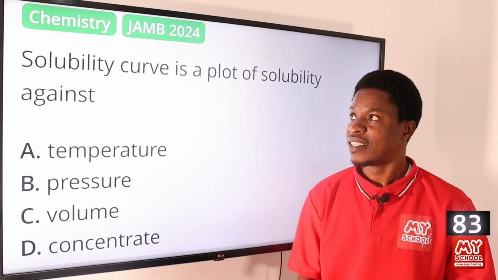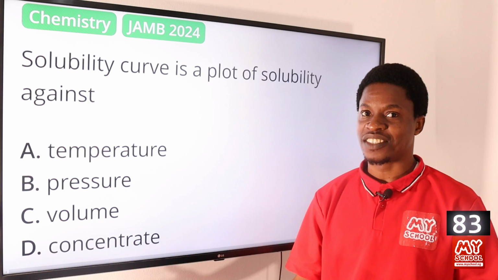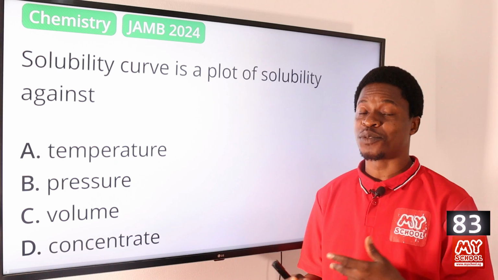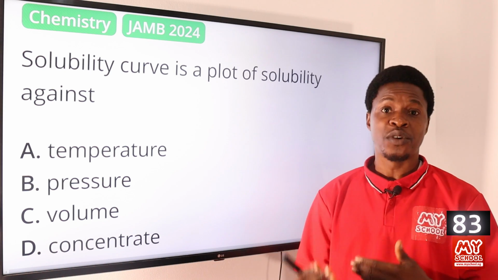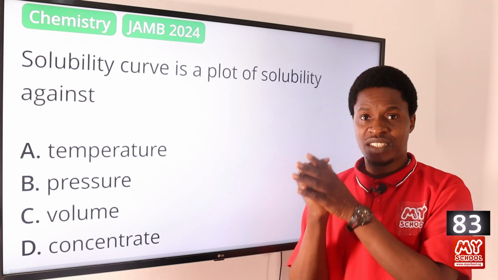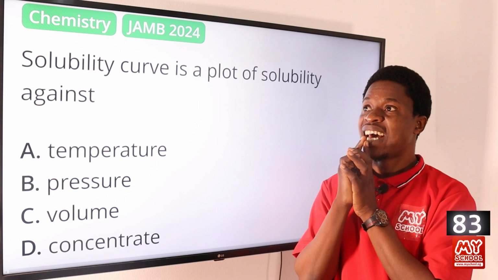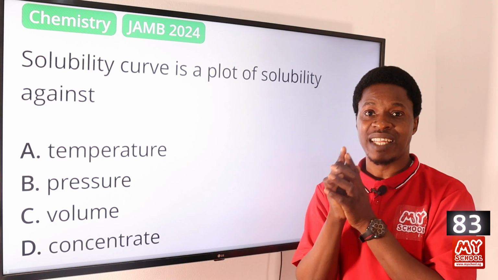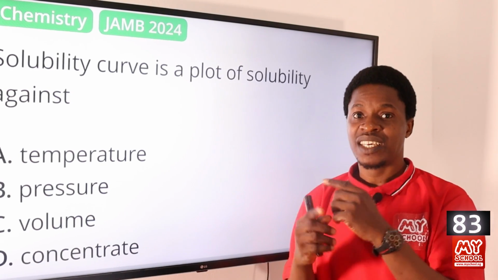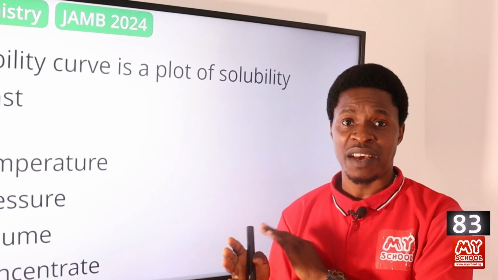Question number 83. Solubility curve is a plot of solubility against what? If you are familiar with a solubility curve, don't forget solubility has to do with the amount of a solute that is dissolved in 1 dm cube of solvent, but it is actually a condition that it must be at a given temperature, okay? Different temperatures can determine to a greater extent the level of solubility.